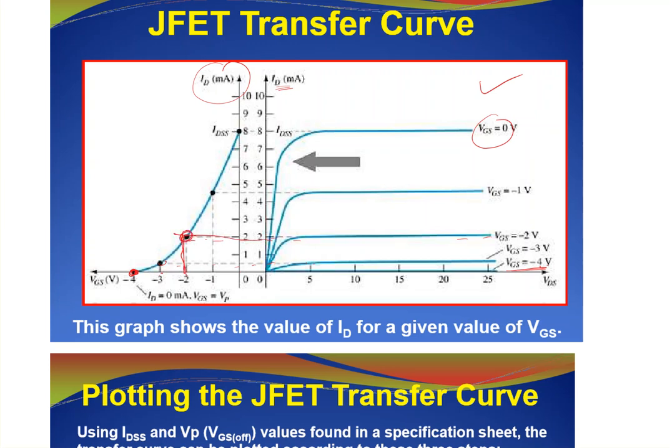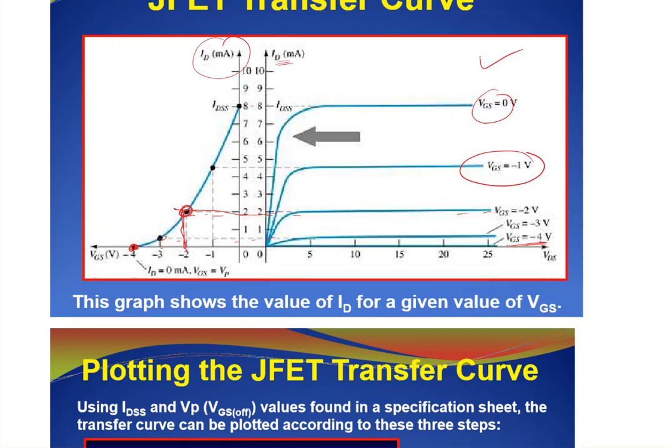So this is the point. With minus 1, this is minus 1, and this is the point. And with 0 value, I have this 8, and therefore I have 8. So that will be the graph or the characteristics.